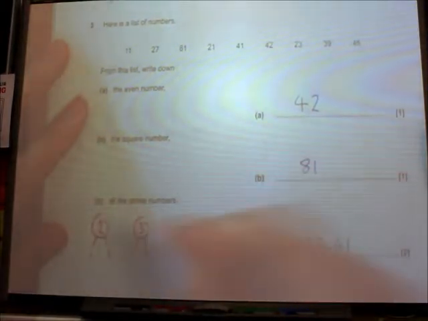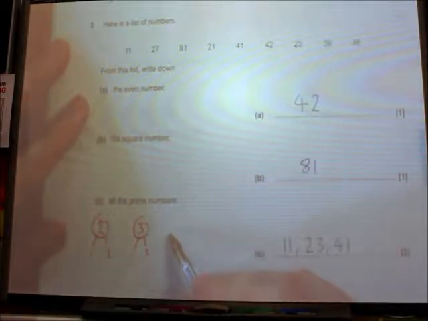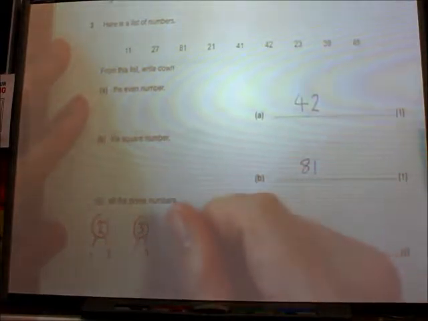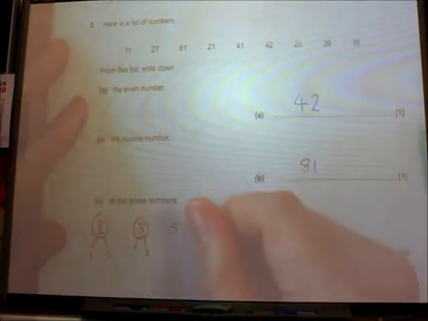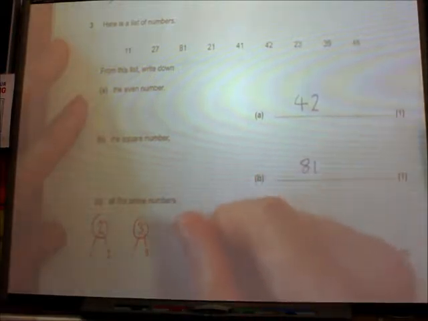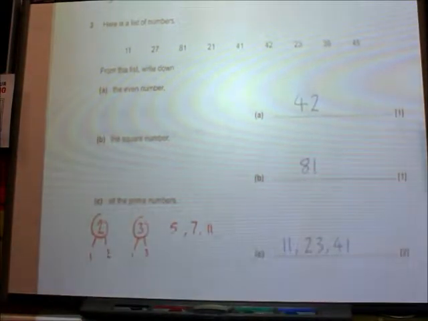So for example, if we started from the beginning, 1 is not a prime number because it only has 1 factor, only 1 number goes into it. 2 is a prime number because 1 and 2 go into it. 3 is a prime number because 1 and 3 go into it. 4 isn't, because 1, 2 and 4 go into that. 5 is a prime number, 6 isn't, 7 is, 8 no, 9 no because 3 3s, 10 no, 11 yes. So that's how you work out your prime numbers.